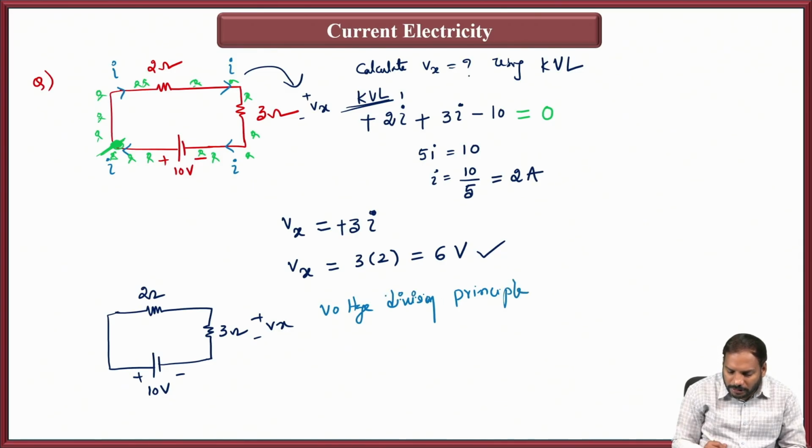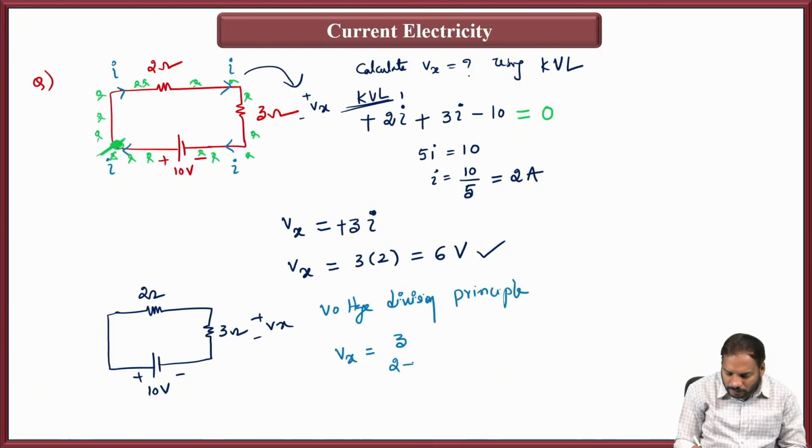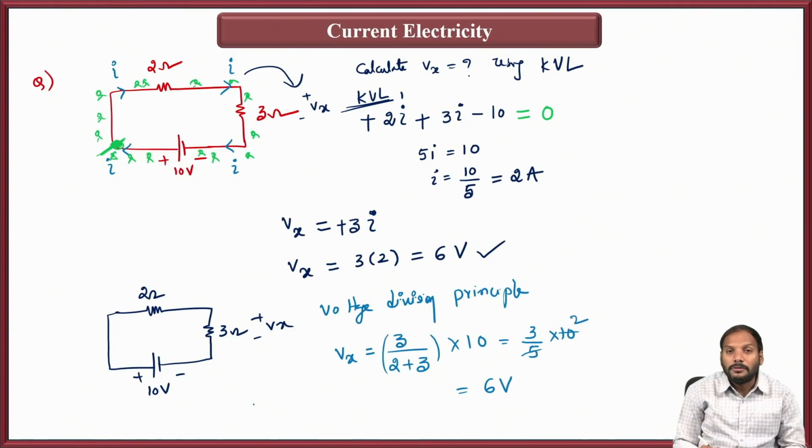So what is the voltage division principle saying? Vx is exactly equal to the same resistor value 3 divided by the total resistance 2 plus 3, multiplied with the total voltage supplied 10. That is equal to 3 by 5 into 10. So 2 times 3, how much is the voltage? It is simply 6 volts.